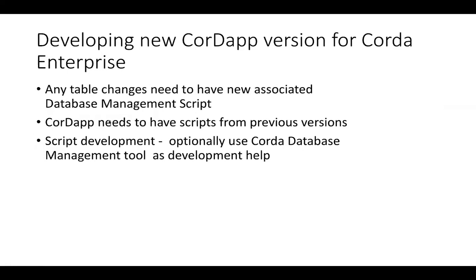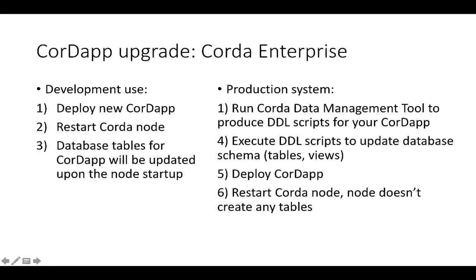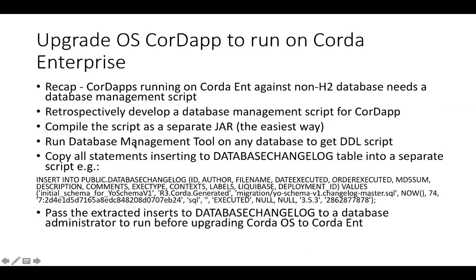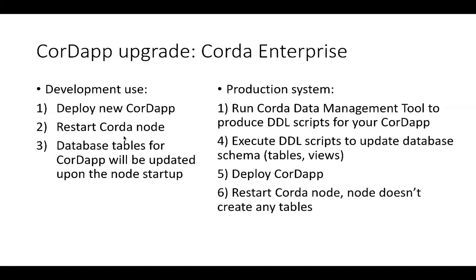This script needs to be compiled together with the CorDapp, or it can be compiled as a separate jar. For the node operator, when receiving the new upgraded CorDapp, it is essentially the same process: either just dropping in the new CorDapp and restarting, or extracting the DDL and running it manually.